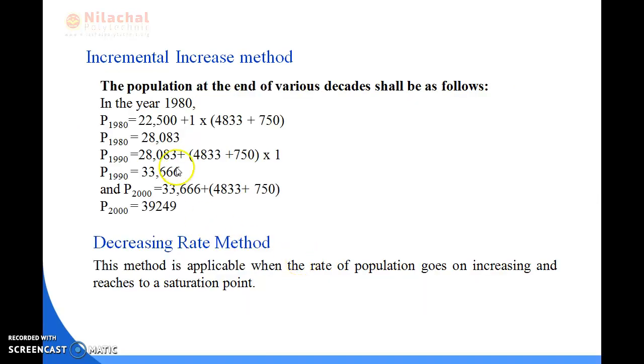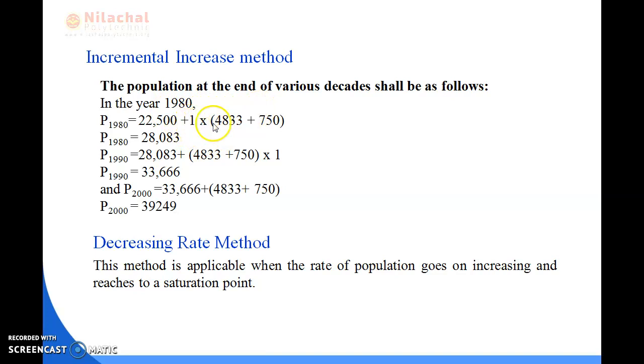So 22,500 plus n, which we take as 1. How? If we do 1980 minus 1970, we get 10 years, and 10 years equals 1 decade.